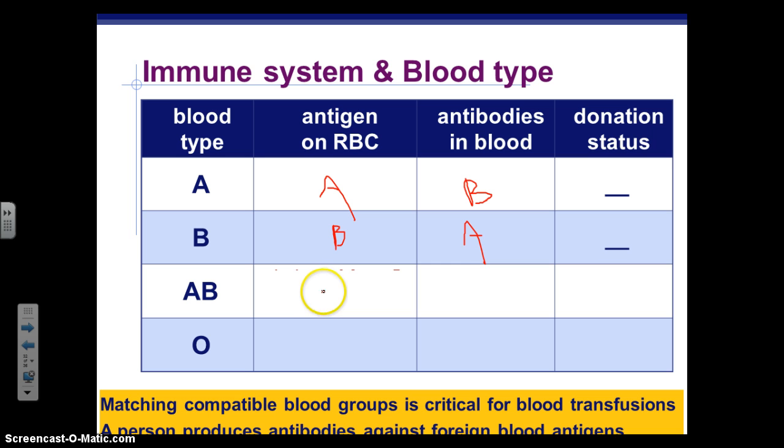A person who has AB blood has both antigens, A and B, and no antibodies. And a person who has O blood has no antigens, and has both A and B antibodies.